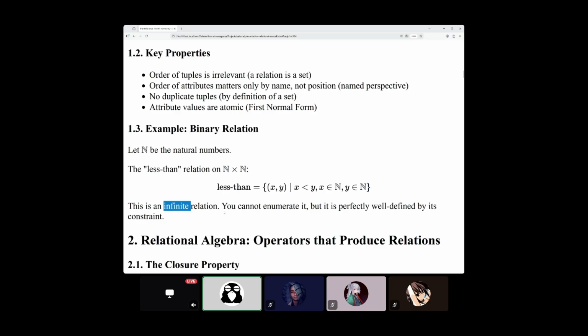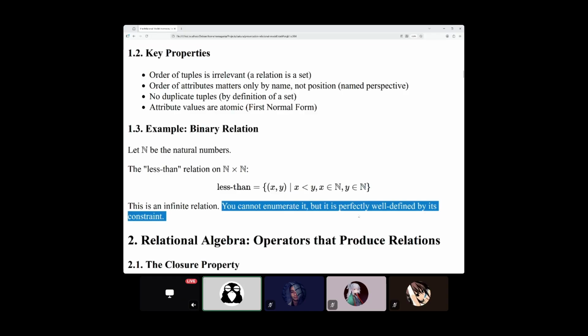So an infinite relation, that means, actually, wait, you cannot enumerate it, but it's perfectly well defined. That is actually incorrect. You can enumerate it. I think I was talking about something else. My understanding of what you tried to mean here is that you cannot enumerate it at all, but you can verify it in finite time.